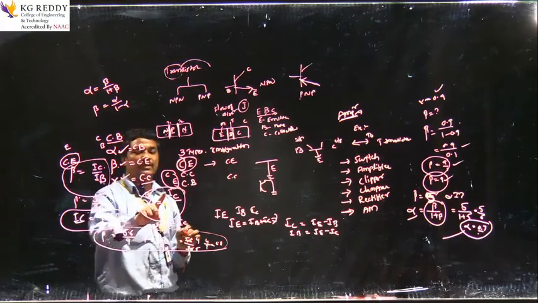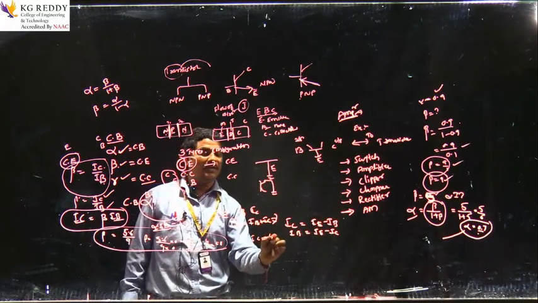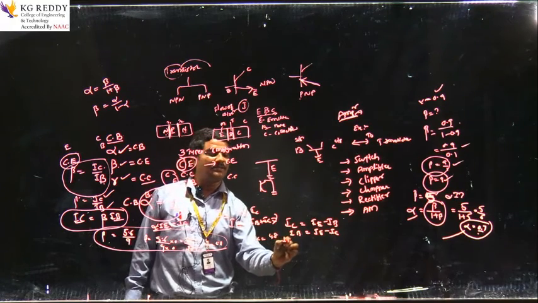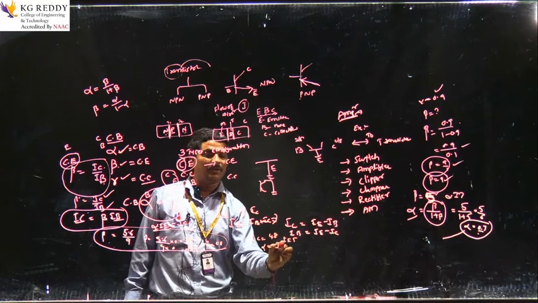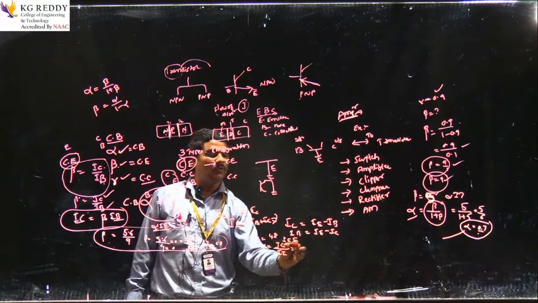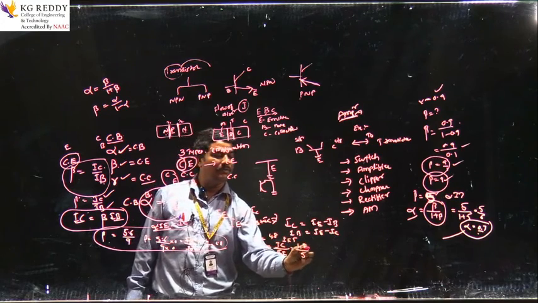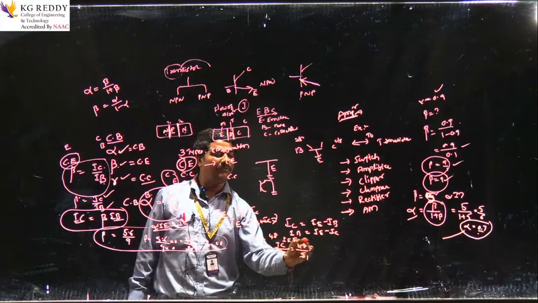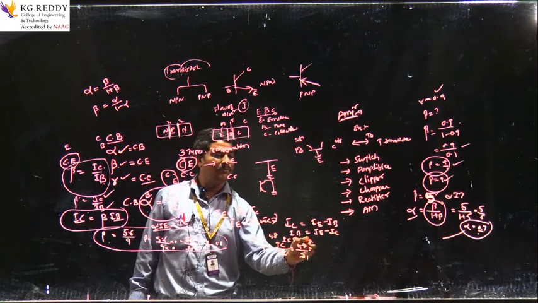Suppose in this expression, find out alpha value, IC is given as 48 and IE is given as 5. Find out alpha value. Alpha equal to IC by IE. Here IC equal to 48 and IE equal to 5, approximately 5 8s are 40, 5 9s are 45.